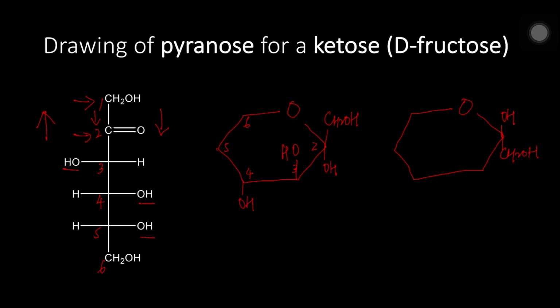For carbon number 6, the CH2OH group, you can see that in the ring you also have carbon number 6. Carbon number 6 is already part of the ring. This oxygen in the ring is actually the oxygen attached to carbon number 6. So this is how you draw pyranose for D-fructose. That's all. Thank you.